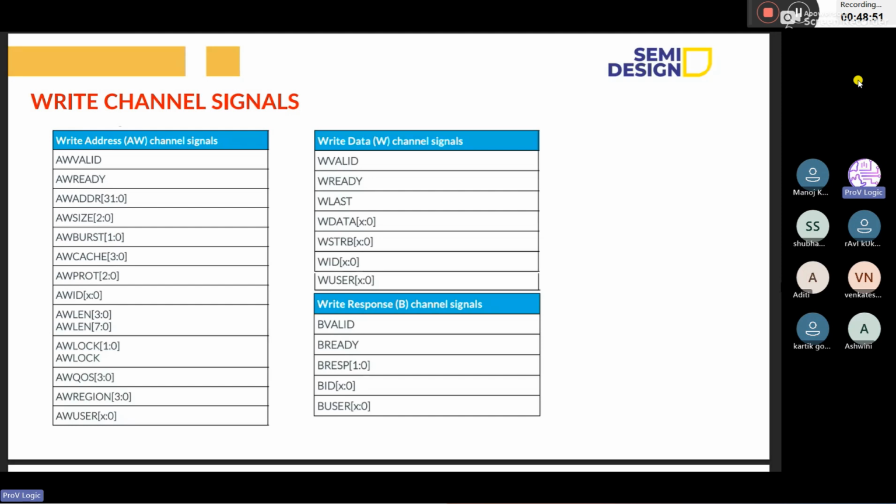Mostly it is used for pipelining operations, and automatically it increases the throughput and reduces the latency.